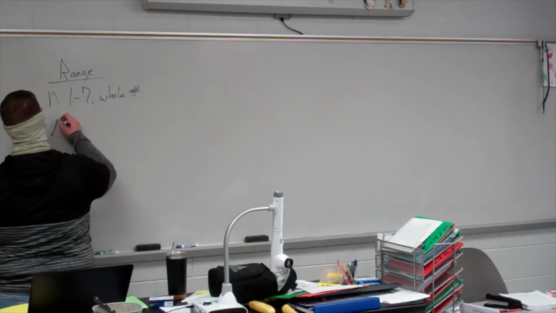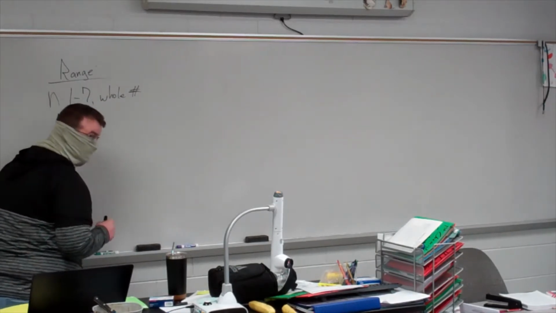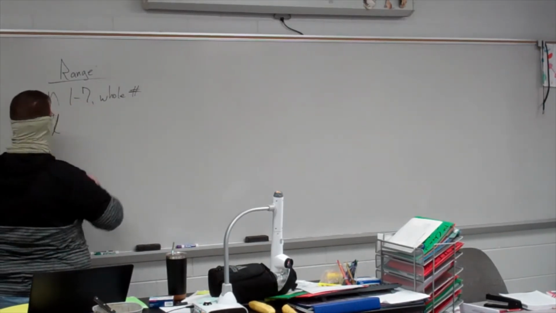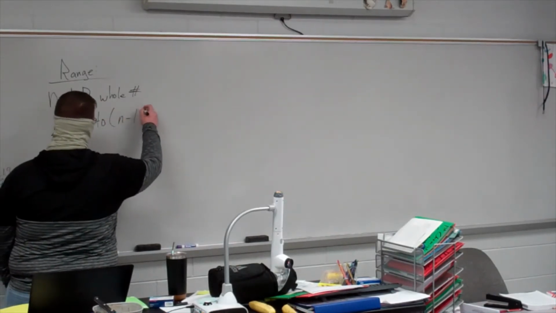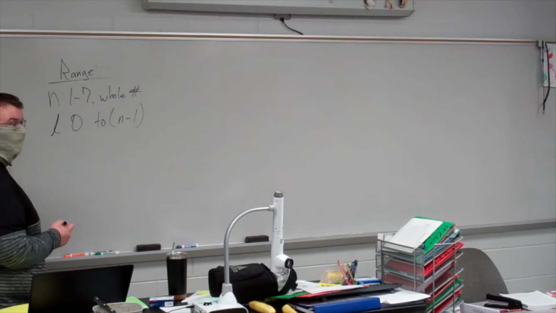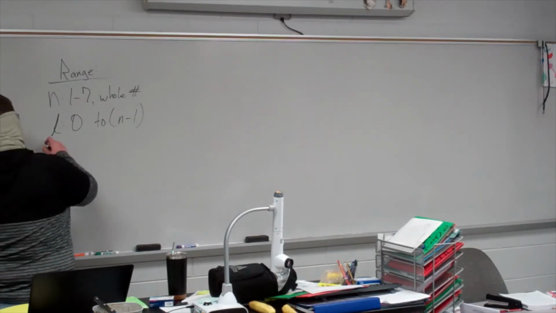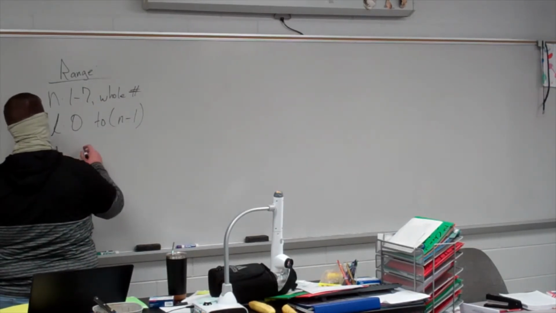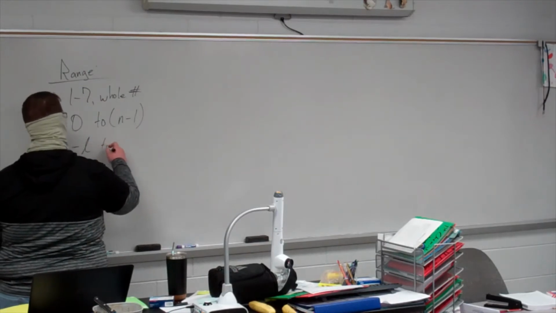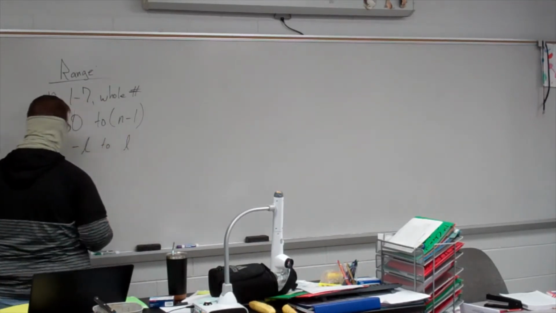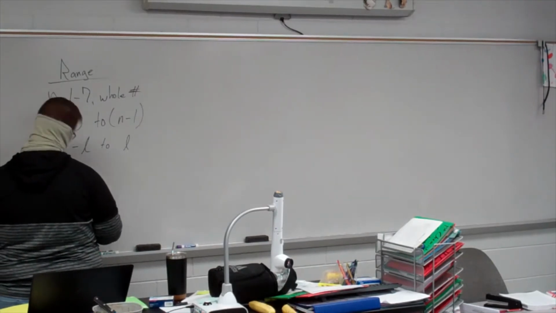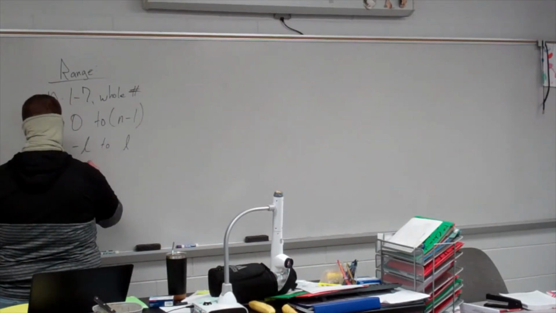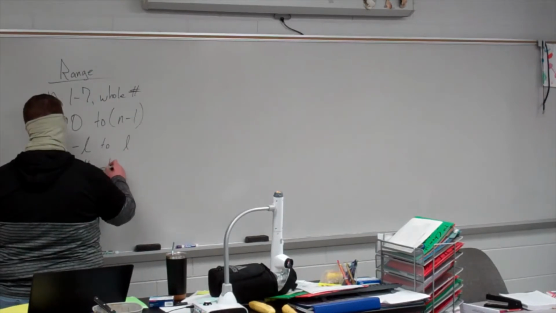So L, the angular momentum quantum number, has a range from 0 to n minus 1. The possible range for m sub L is negative L to positive L. The possible range for the spin quantum number is plus 1/2 to negative 1/2.